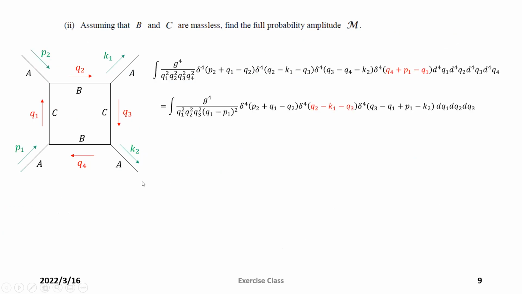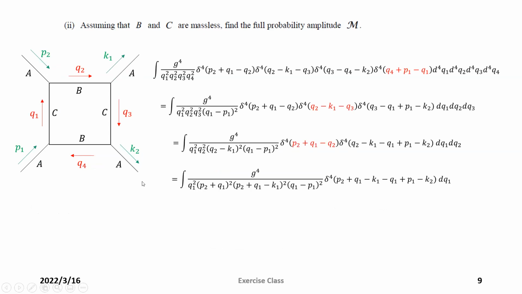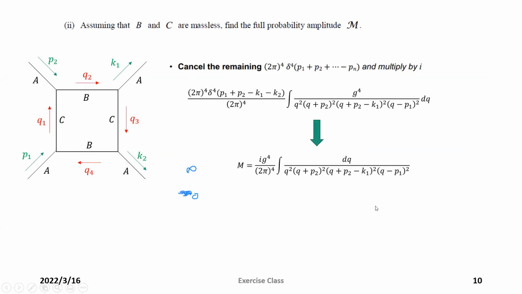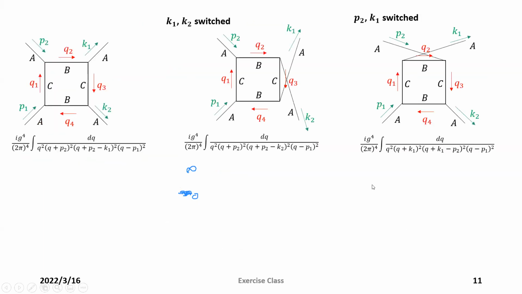But after we do the integrations, we will just be left with a Q1, and this is in fact a definite integral from 0 to infinity. So it's just a dummy variable. So I just drop the Q1 into Q. So this is just a number. So here it's the same everywhere.